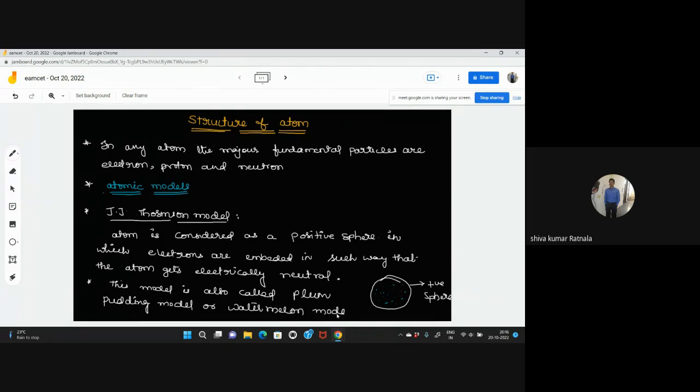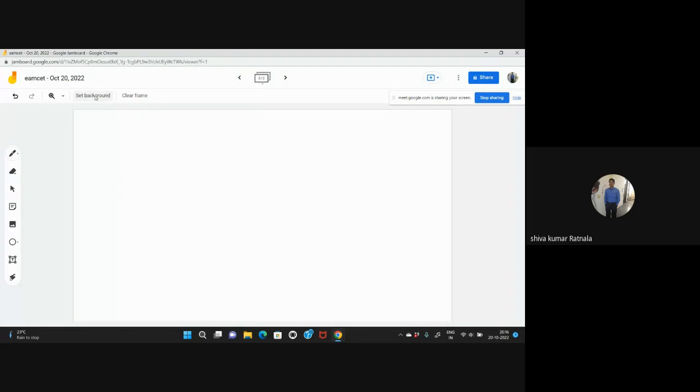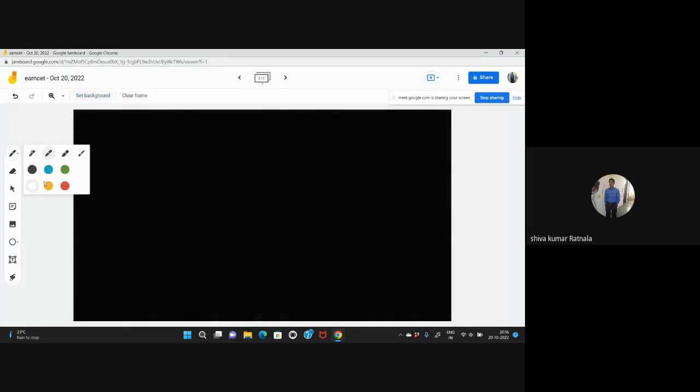This Thomson model also failed to explain why the atom is stable and how the atom gets stabilized. In order to explain this, Rutherford came into the picture.